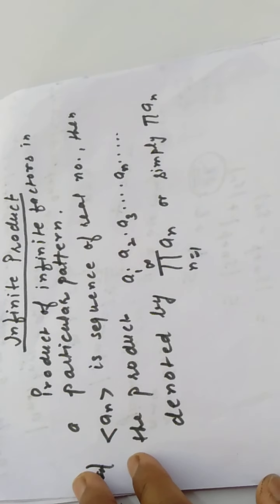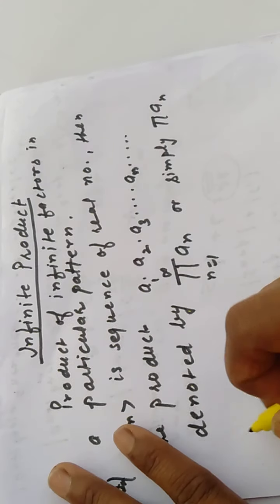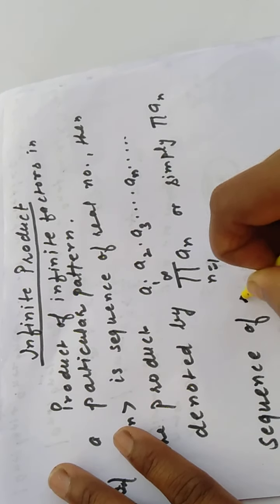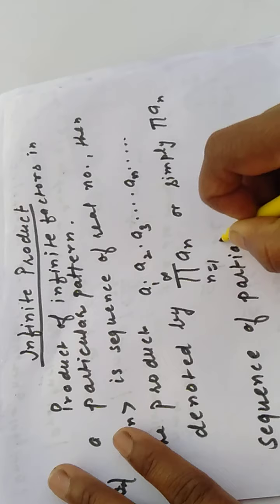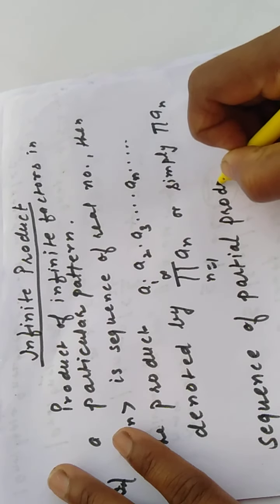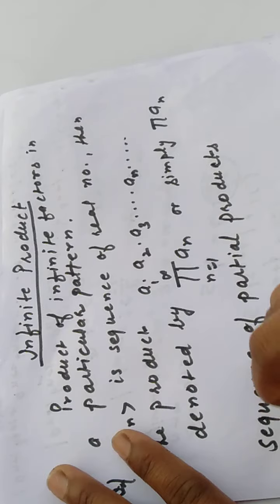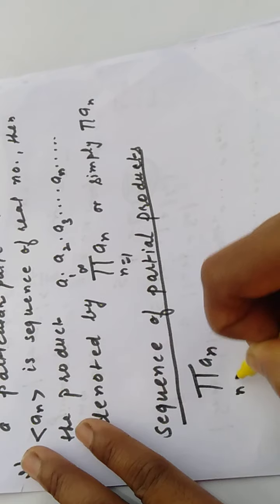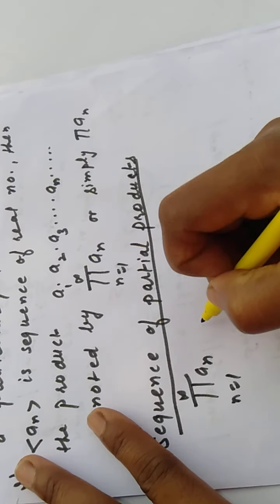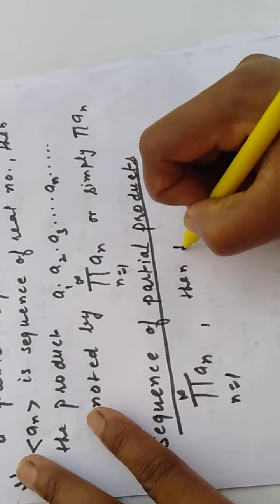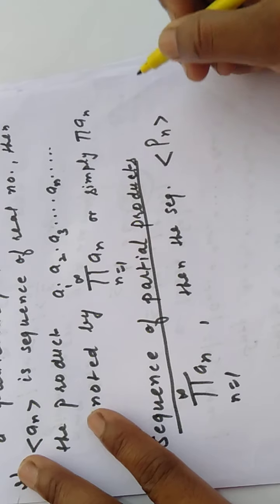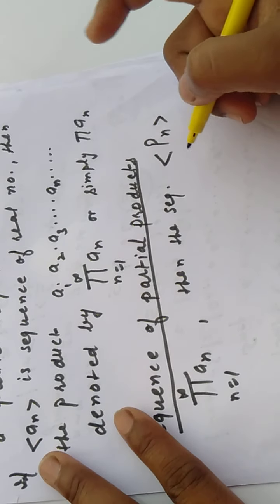Next, we shall study the convergence of the infinite product, but before that we shall form the sequence of partial products. As in infinite series, we have discussed the sequence of partial sums. Here we shall be discussing about the sequence of partial products. So if pi an, n varies from 1 to infinity, is an infinite product, then the sequence Pn, here P denotes the product, as in Sn the S denotes the sum.